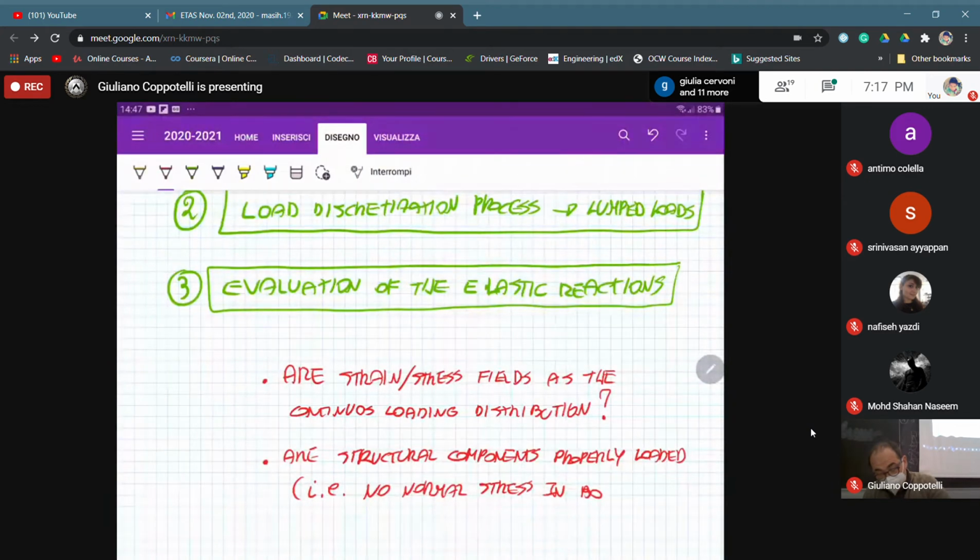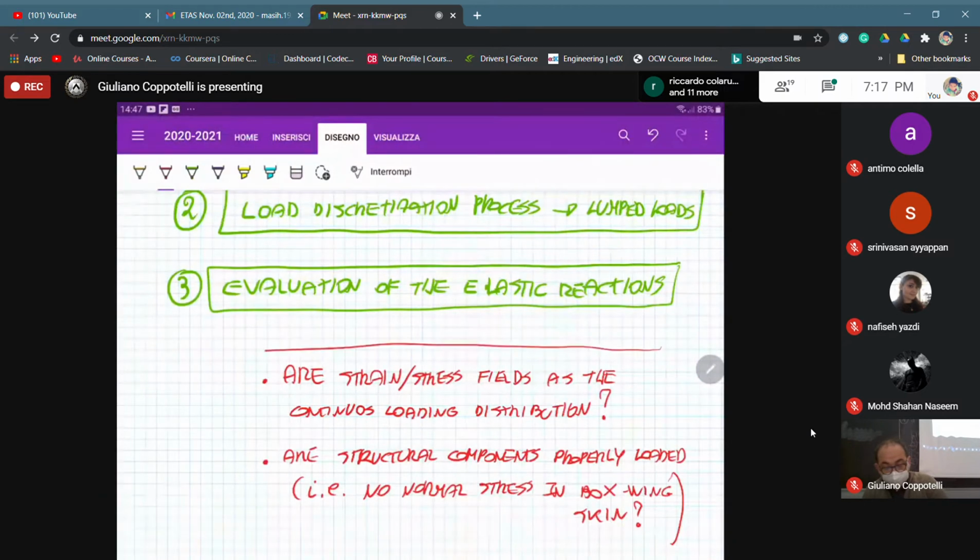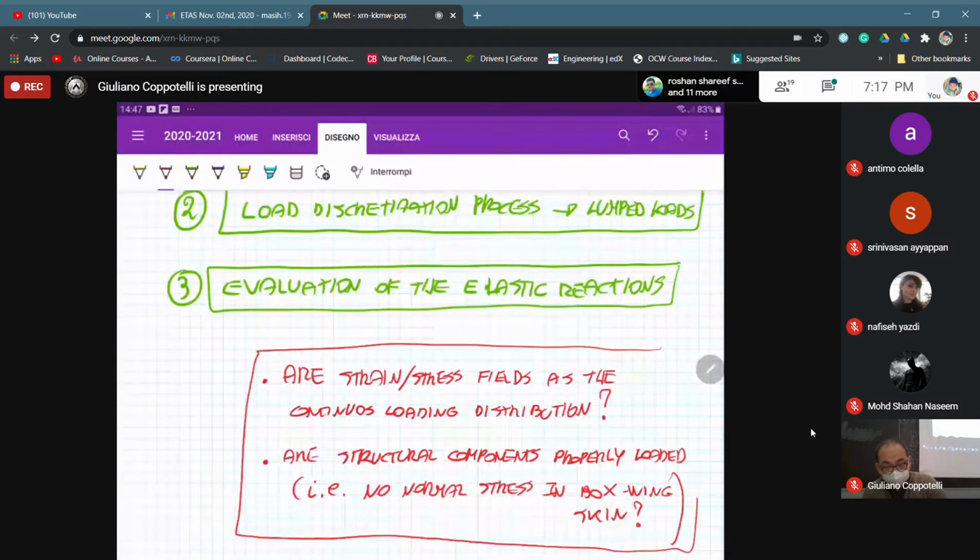For example, things that you know very well. So that is the kind of question that we are going to have and we have to answer after the evaluation of the elastic reaction.